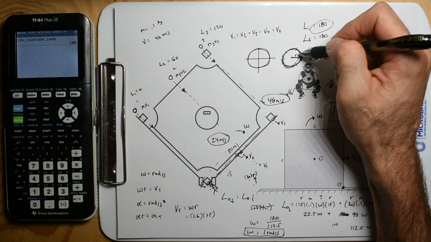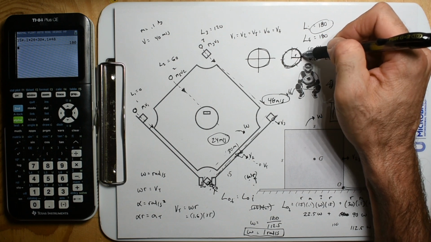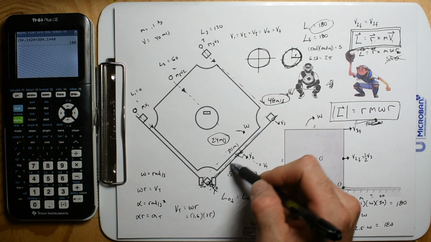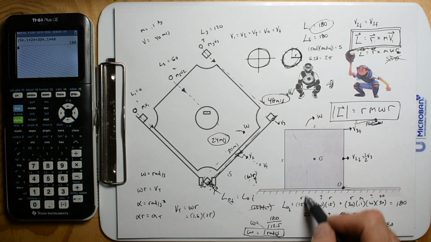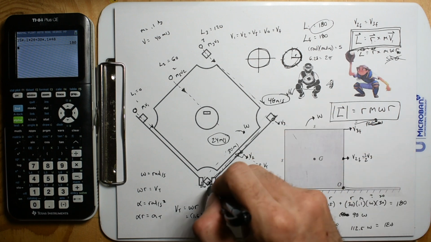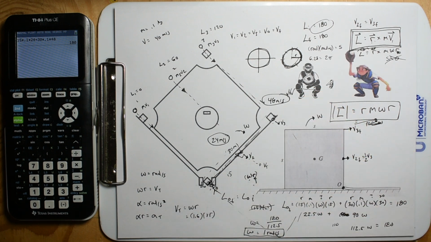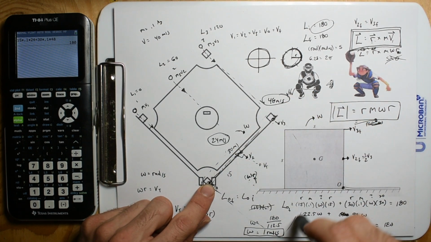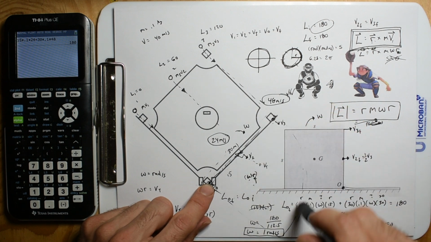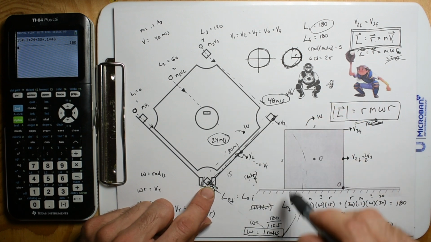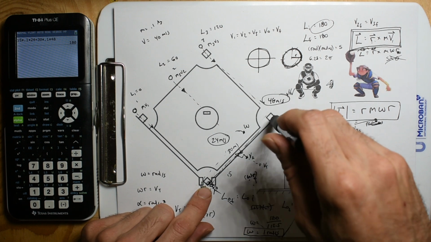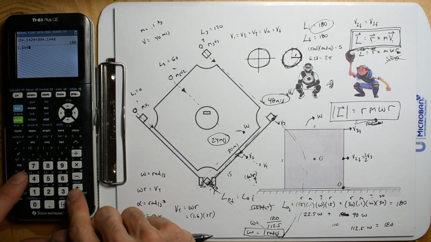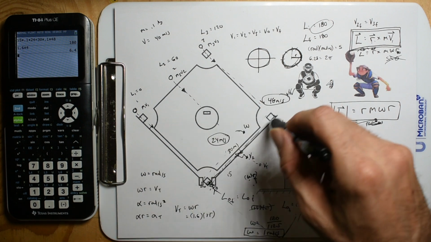So 1.6 radians is almost like 90 degrees. If this ball is going to travel 90 in 1 second, there you go, because that's 1.6 radians per second. 1.6 times 4 is about 6, which is a full circle.